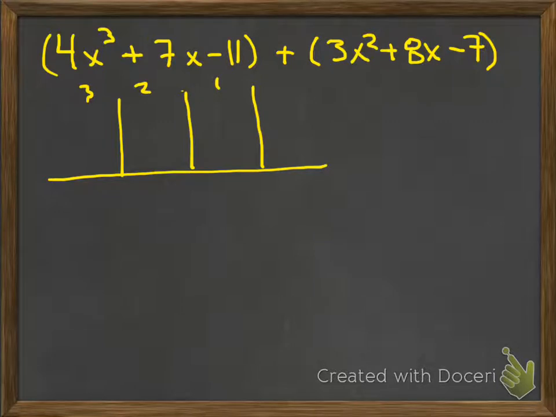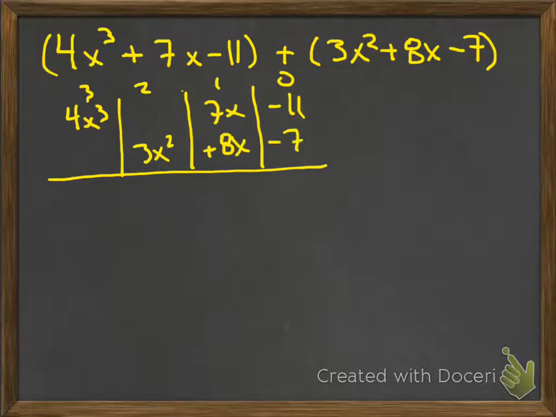So anything with x cubed, x squareds, x's, no x's. In the first parentheses, I have a 4x cubed and a positive 7x, so there's nothing in the x squared, so I'm skipping that one, and then minus 11. And in the next one, I have a 3x squared, which would go in that column, so there's no x cubed, plus 8x, and then minus 7.